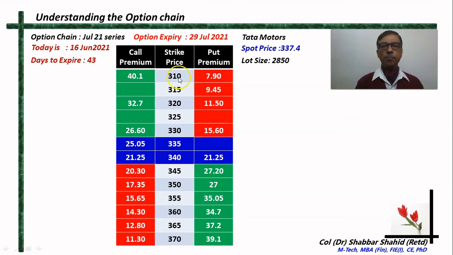July 21. On the left of the strike price, what you see is the premium payable for the call options. Alright, so these are the call premiums. And on the right side of the strike price, what you see is the premium payable for the put options. Okay, and certain columns you see blank.